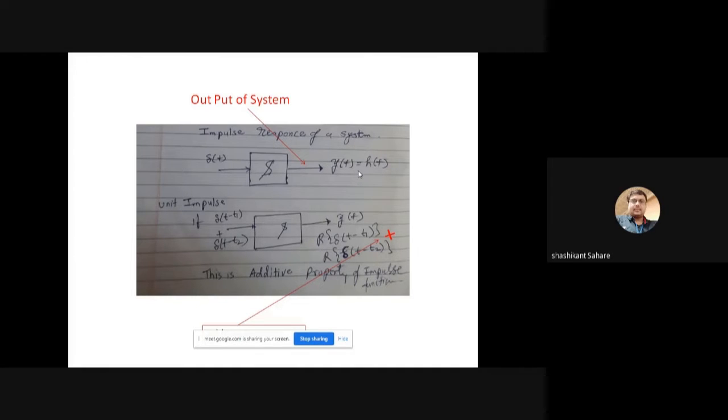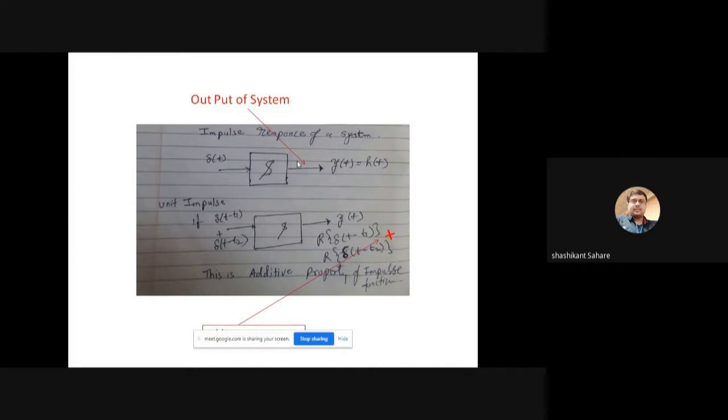Now the second thing, as I told earlier, the impulse signal or impulse function is also called a standard test signal. Let us consider a system, but what is the property, what is the characteristic of the system, or what is inside this system, I don't know.